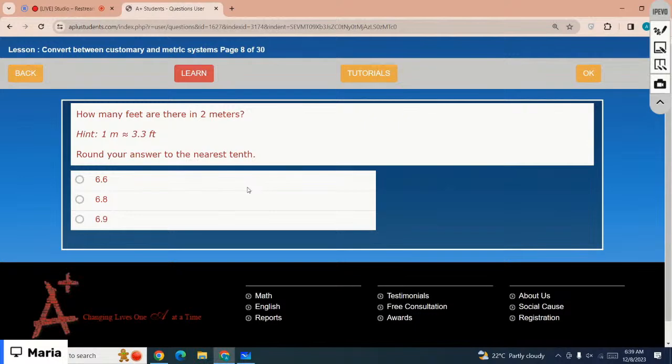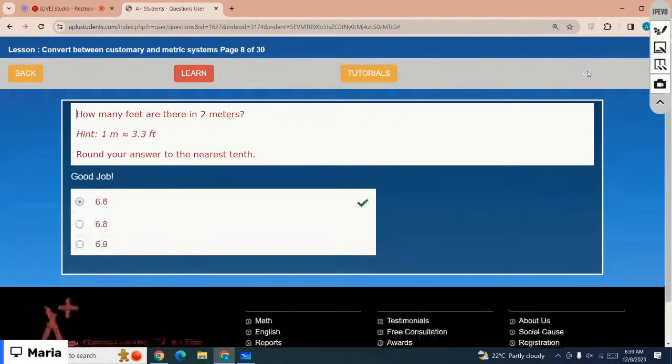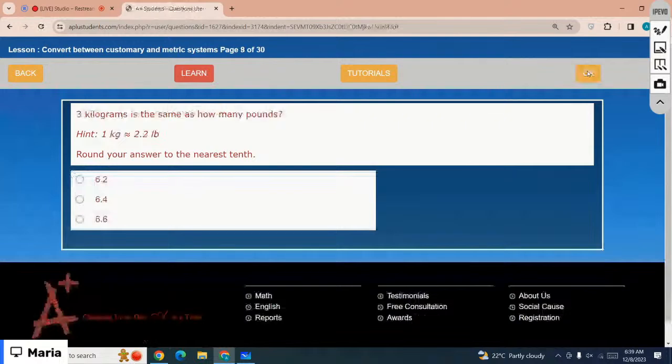It is right. 3 kilograms is the same as how many pounds?